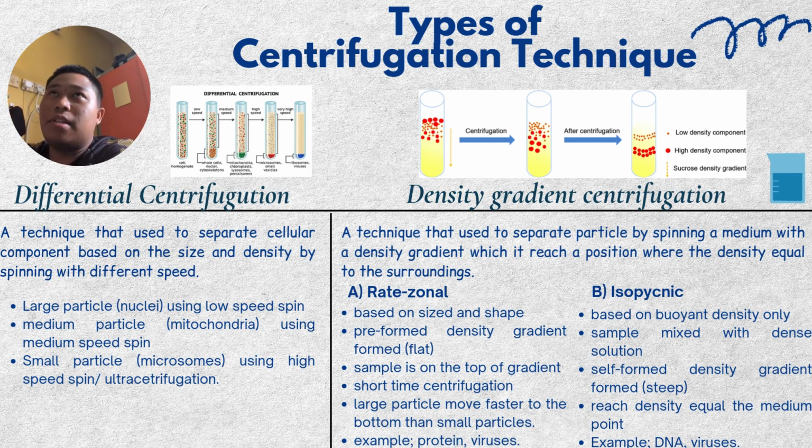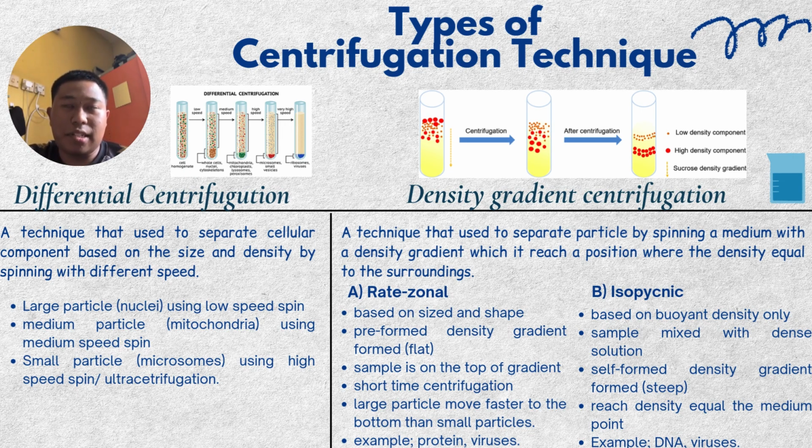I'll give you an example. If there are two particles, a small particle may have low density and it may also have medium density. So the small particle will move to the top and maybe to the medium gradient.